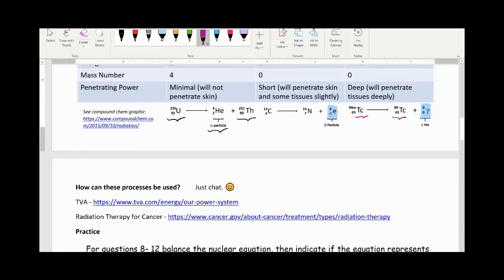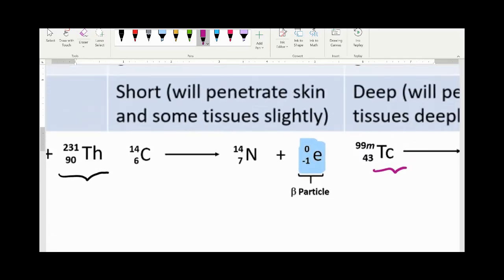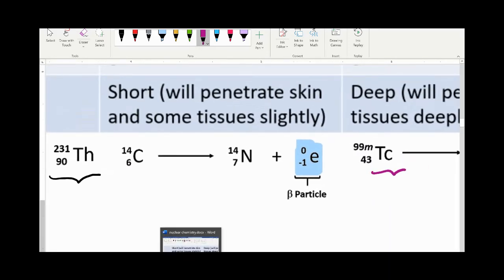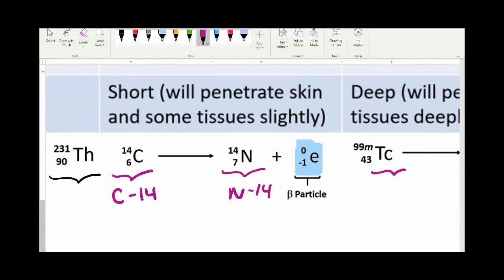Another application that's oftentimes talked about anytime radioactive decay or nuclear chemistry is taught is the idea of carbon-14 dating. That was the equation listed underneath the beta decay category. What happens is you have a carbon-14 isotope that over time will naturally decay to a nitrogen-14 isotope, and it releases beta radiation in the process.